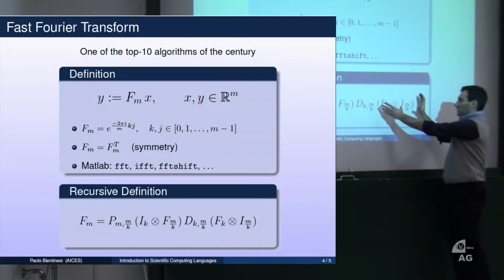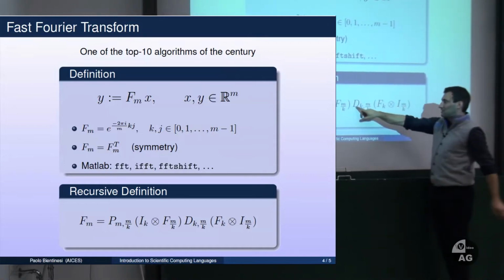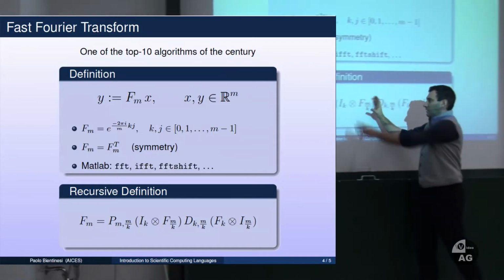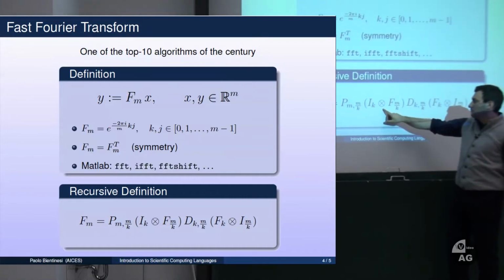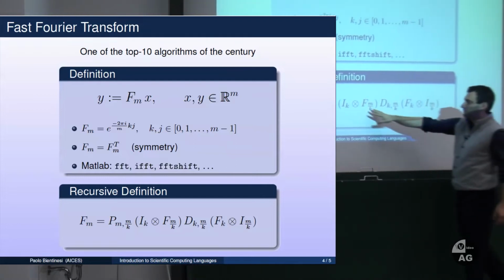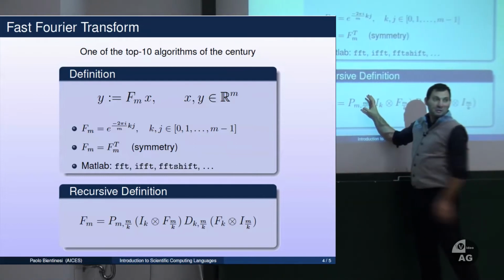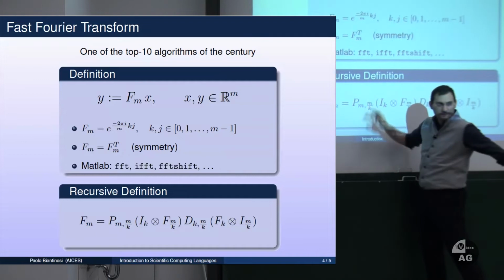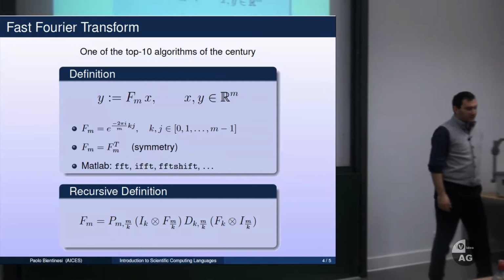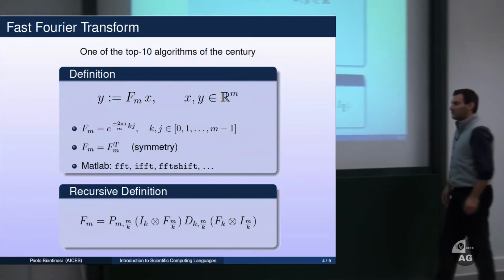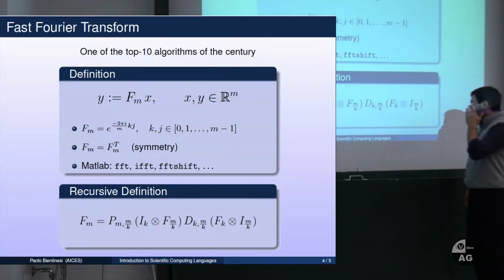I will explain how to obtain this matrix. This is nothing more than a diagonal matrix. This is another object that is closely related to this one, very easy. And this is a matrix.